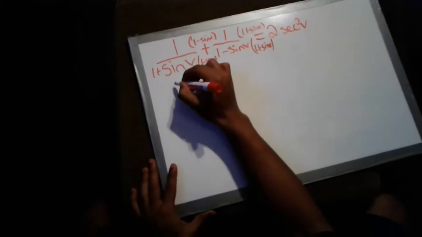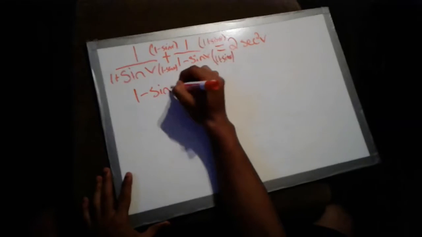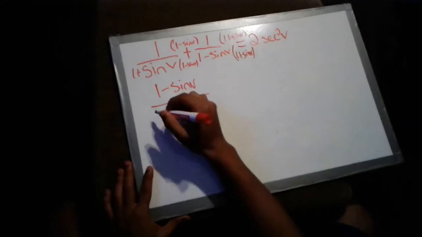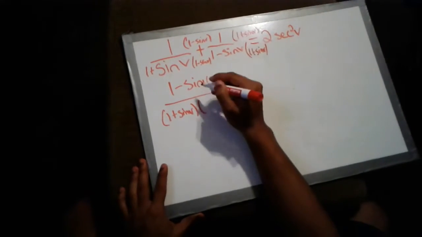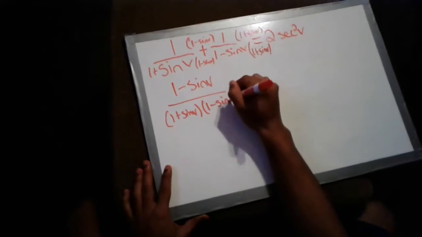That will equal 1 minus sine of v over 1 plus sine of v multiplied by 1 minus sine of v.